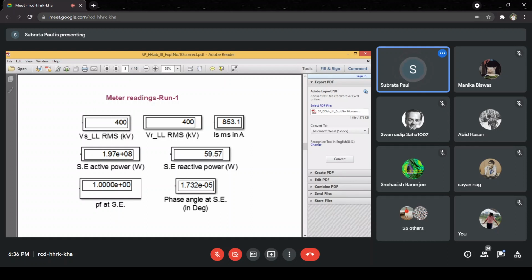When it is loaded with a resistive load, the receiving end doesn't have any reactive power, but the sending end has got some reactive power, right? Now just tell me whether this is correct. It is showing some small amount of reactive power. Can any one of you tell me whether this should be correct, or this should be 0?